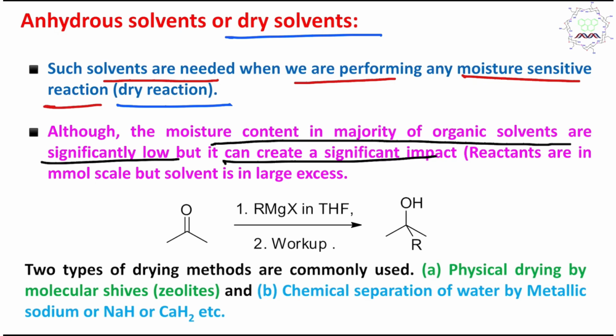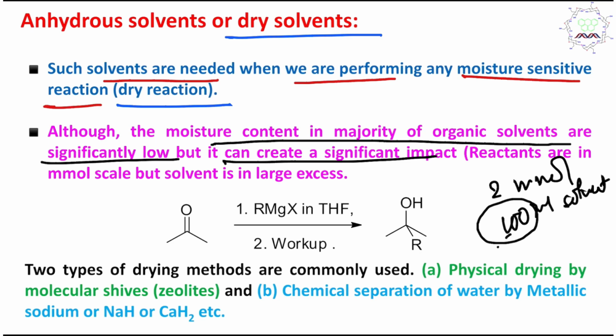For example, you are doing a 2 millimole reaction in 100 ml of solvent, which is a huge amount of solvent. Although the water is at a very low concentration, with respect to 100 ml its amount is significantly high, so it can destroy that reaction.